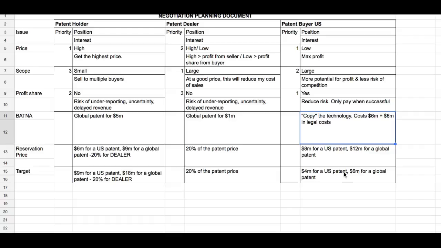Because if he doesn't sue them, if he just lets them do it, then basically he doesn't exercise his patent, and his patent will be reduced to zero. He will not be able to sell his exclusive patent if the buyer is going to copy that technology, because that basically makes the value of that patent zero. So he will lose 5 million.